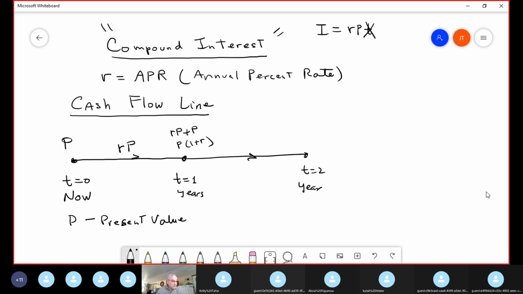The money you have at this moment is the interest earned on this money, so R times P times 1 plus R, which is the money that you have after 1 year, plus again this money, P times 1 plus R. When you multiply by R, you compute the interest on the money that you have at this moment.